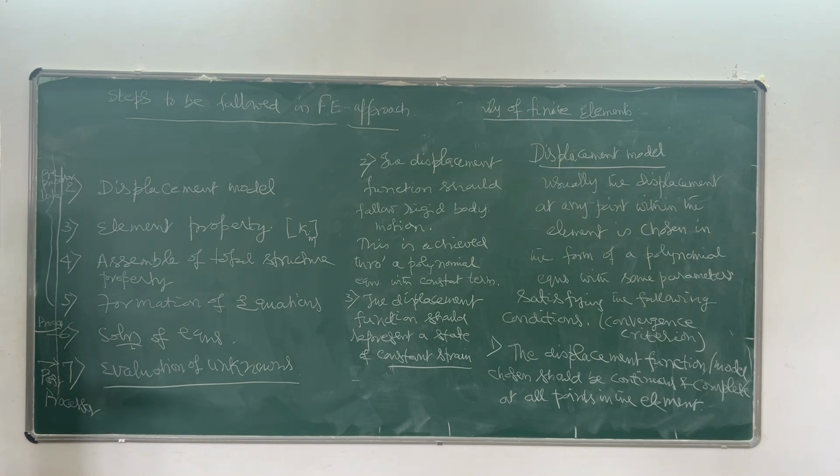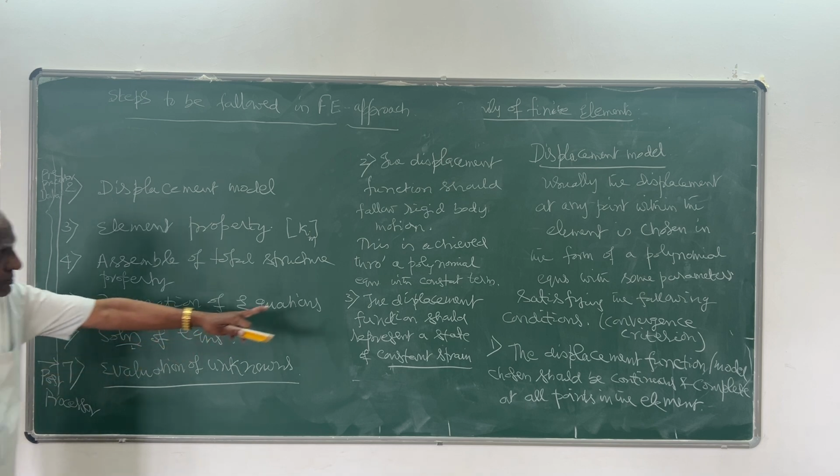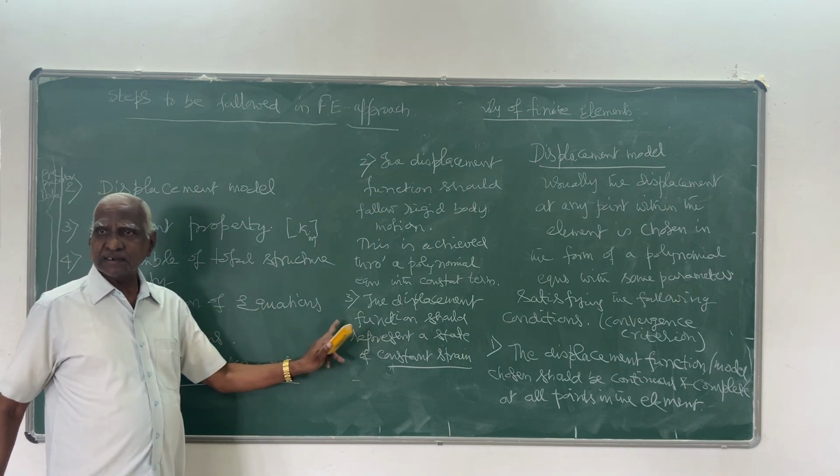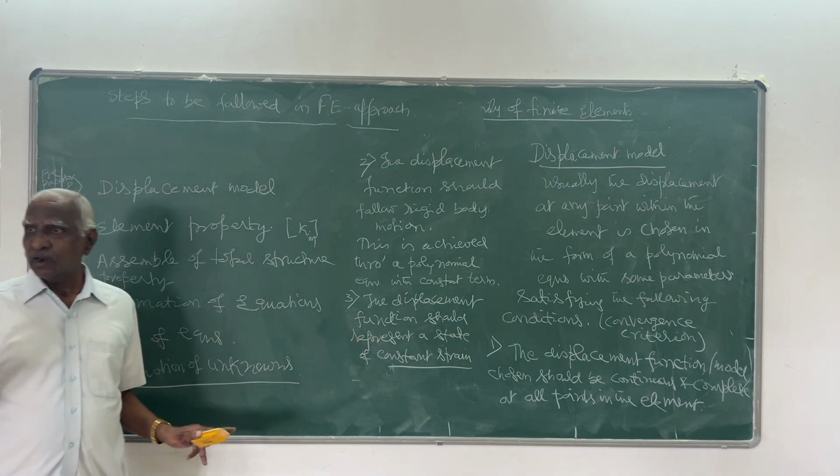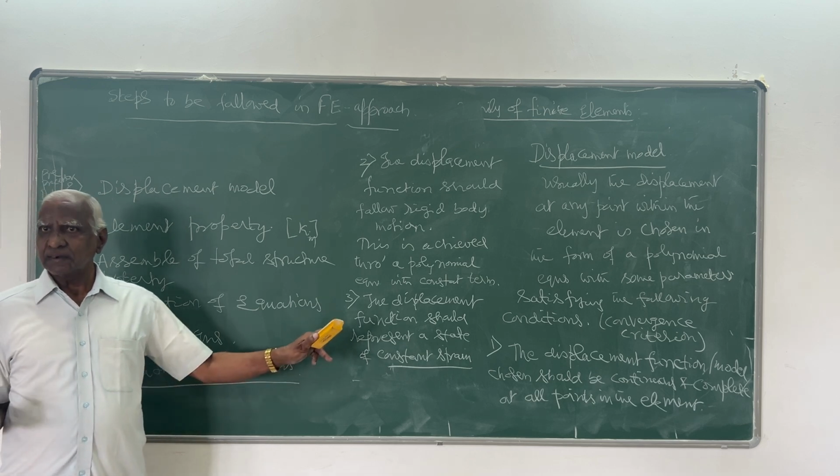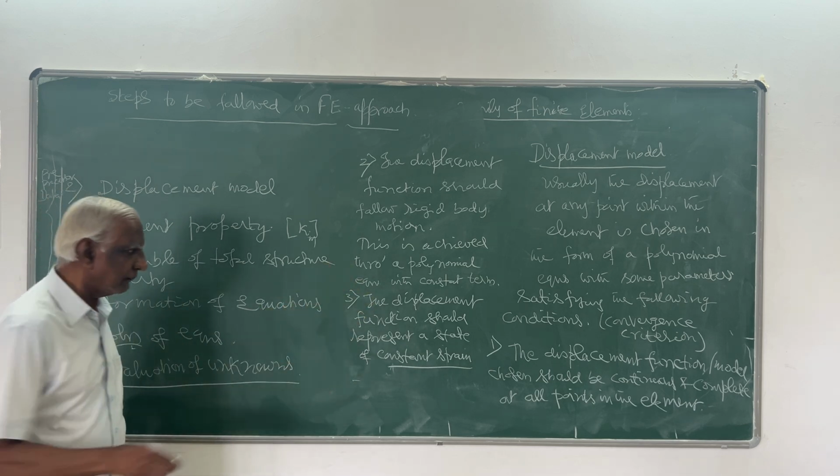Because after all strain is delta u by delta x, or delta squared u by delta x squared, that's curvature. That strain should exist; it should not become 0. Is it clear now? The convergence criterion is very, very important. This particular condition is achieved by having lower order terms in the polynomial.